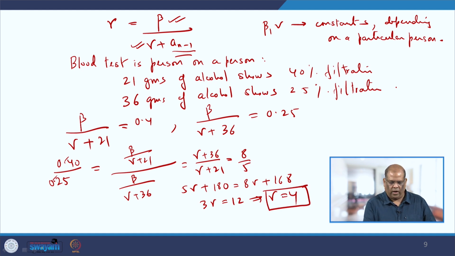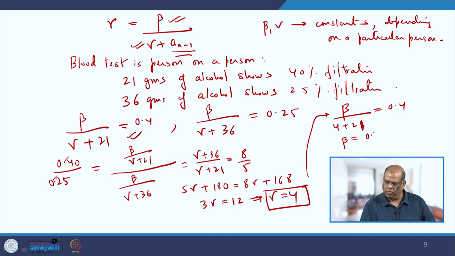And with gamma equal to 4, if you substitute it here, beta by 4 plus 21 is equal to 0.4, and beta equal to 0.4 into 25, which is 10. So, you got your gamma is equal to 4 and beta is equal to 10.